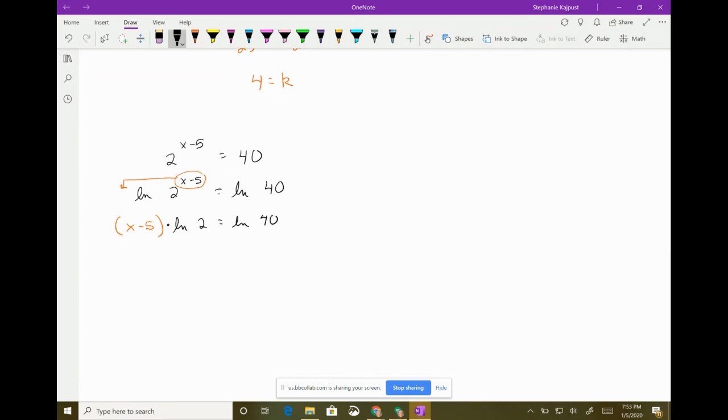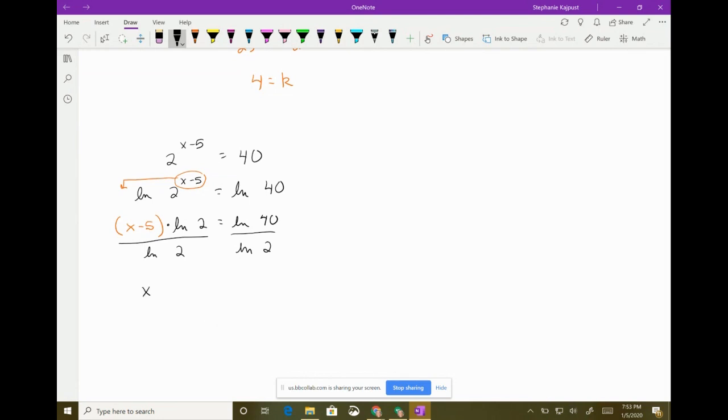So you'd want to distribute, and it's going to get kind of gross. You could choose to put that in your calculator and get decimals. I generally wait till the very end, just so that I don't have too many rounding errors. So a nice thing about not multiplying through is that I can divide both sides by this natural log of 2.